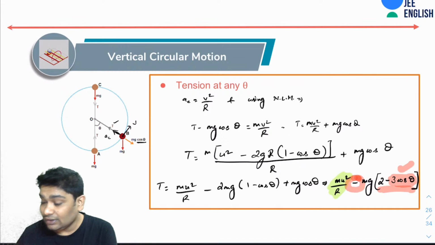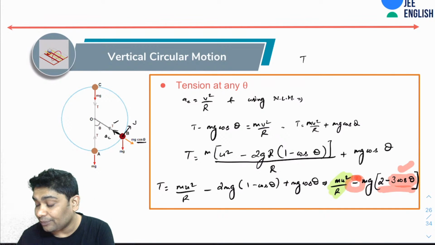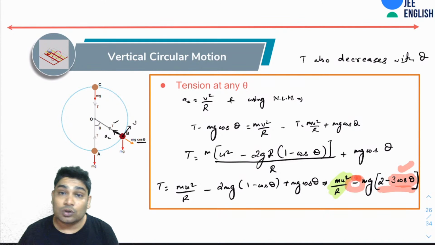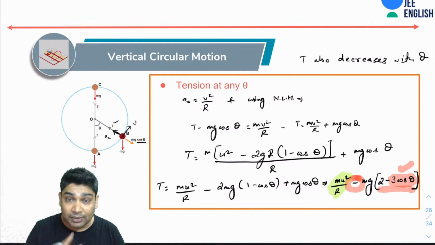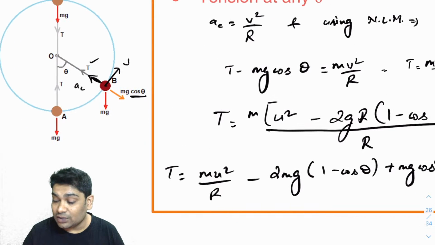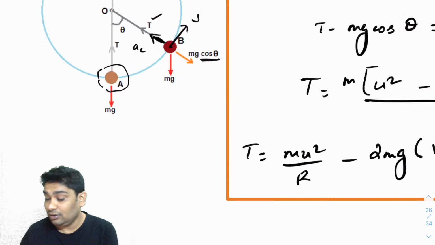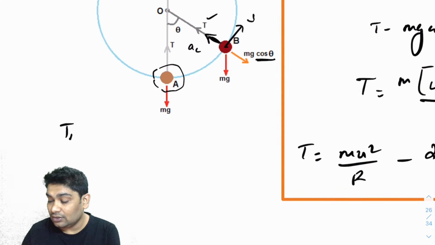So I can see that V is continuously decreasing with theta. T is also decreasing with theta. So maximum T would be at this point. And for that you can write the expression T max.